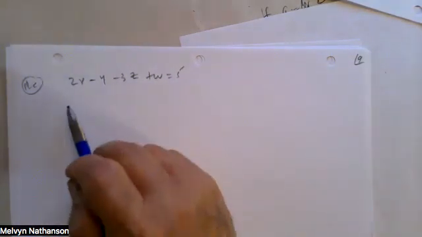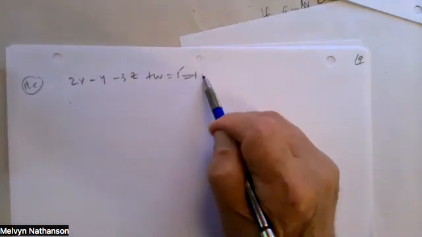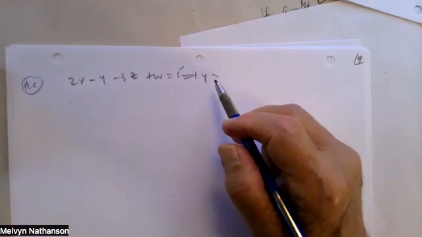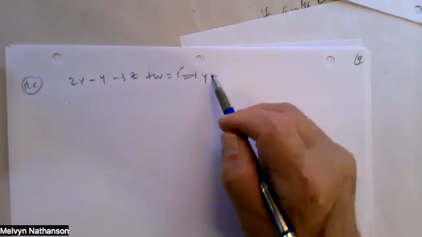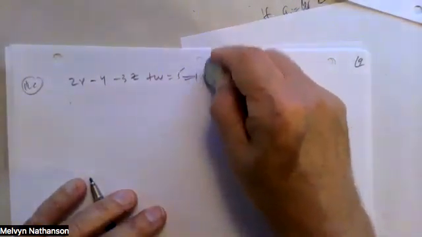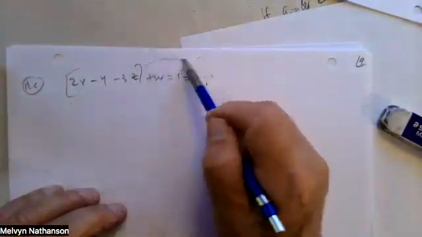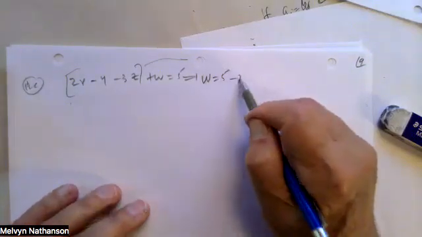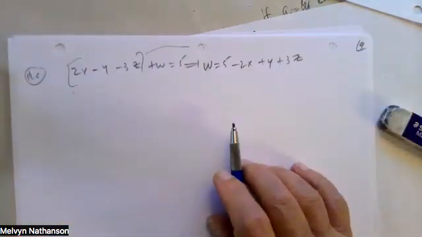Let me solve for w. I'm going to bring all of this to the other side of the equation. So w equals 5 minus 2x plus y plus 3z.